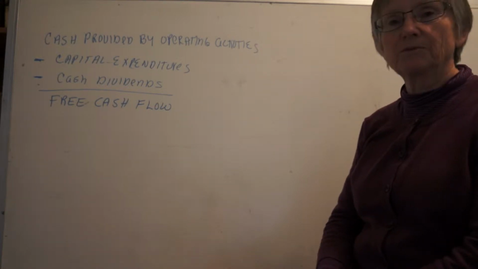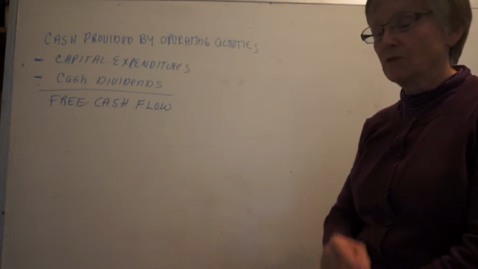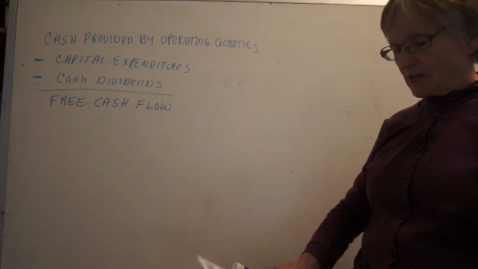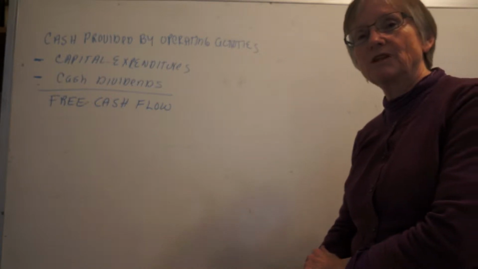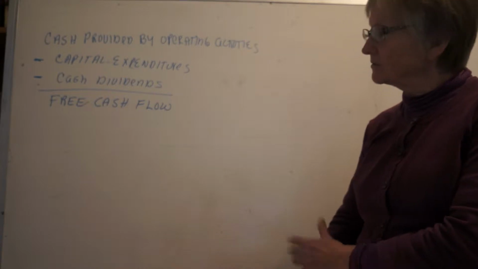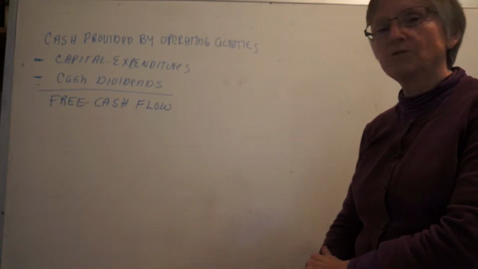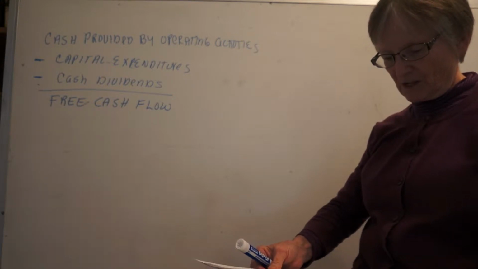It's available for research and development, or to weather some bad times if they came along. So your free cash flow is an indication of the company's financial flexibility. In other words, how much extra cash do they have left over after they have maintained the current level of their operations.